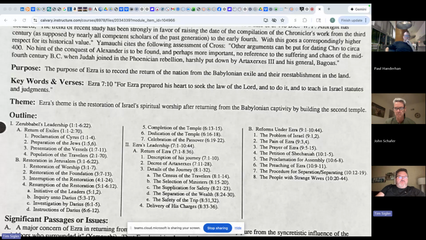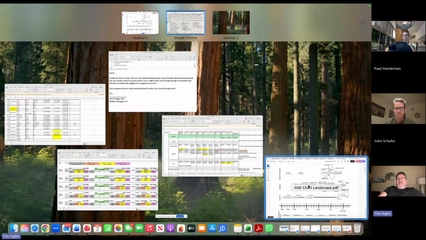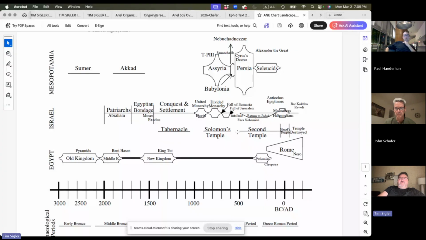Going back to our chart, we just need to see when the Second Temple was. We're talking about from the return of Ezra and Nehemiah to the destruction of the temple in 70 AD, which would include the entirety of the New Testament era, or at least the life of Jesus and the immediate following.